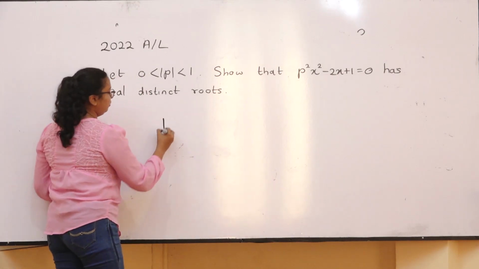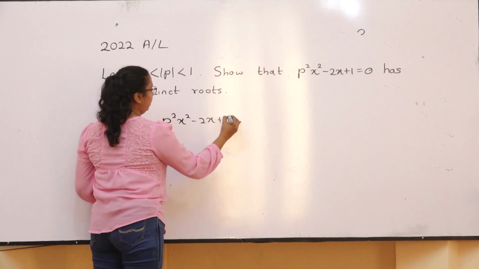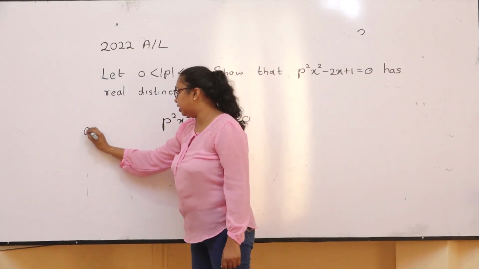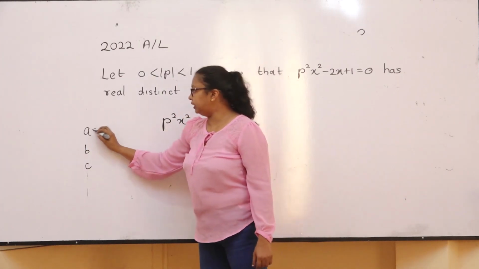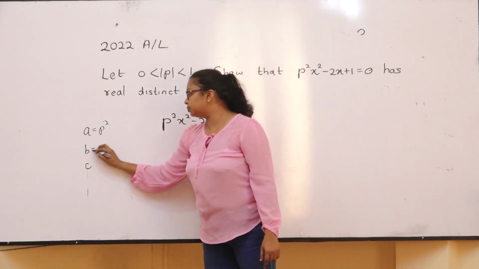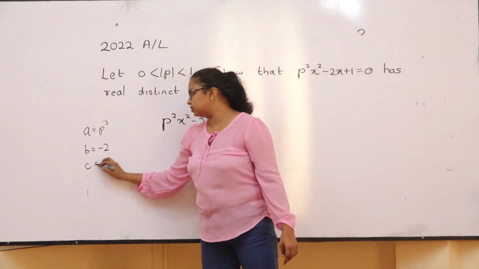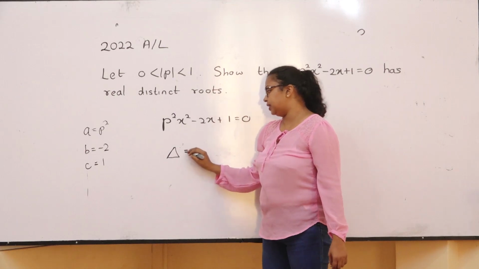Now, what is our quadratic equation first? p squared x squared minus 2x plus 1 equals 0. Okay, first of all, let us write down what are the values of a, b, c. What is our a here? p squared. What is our b? Minus 2. Then, what is our c? Plus 1. Then now we can write the discriminant b squared minus 4ac.